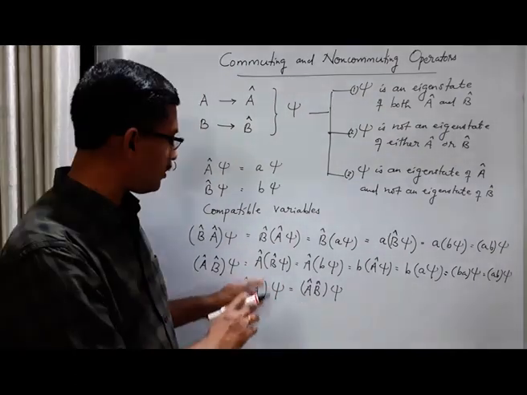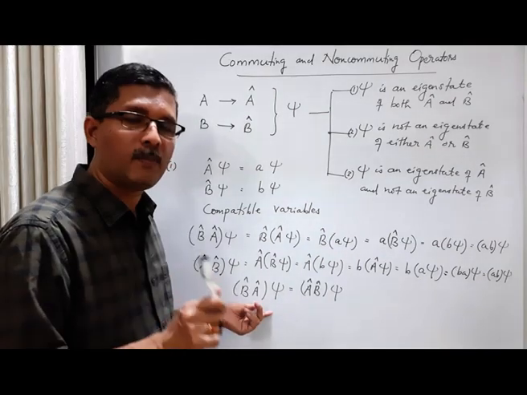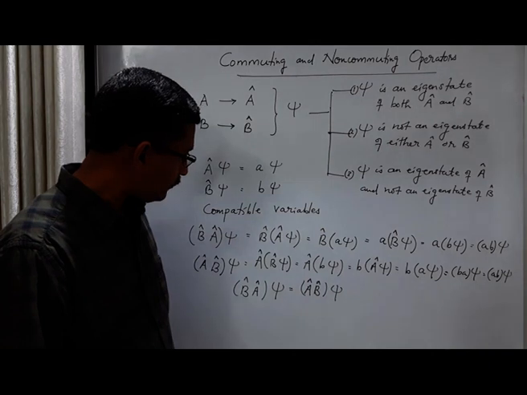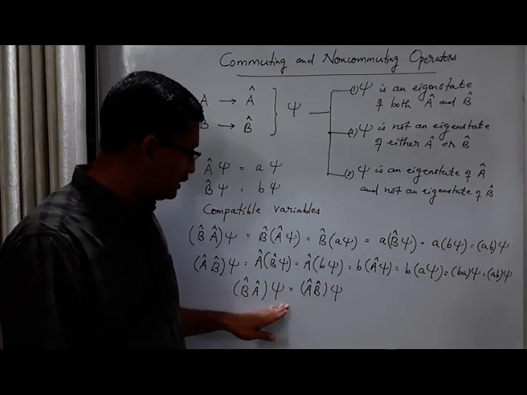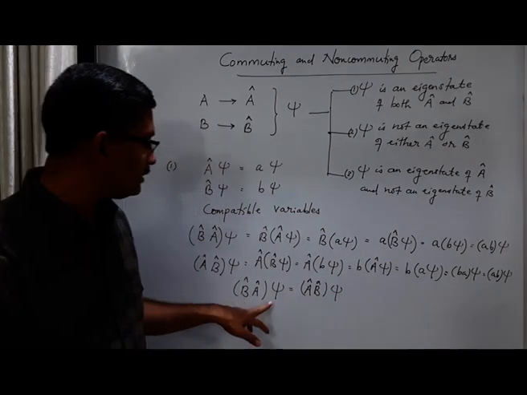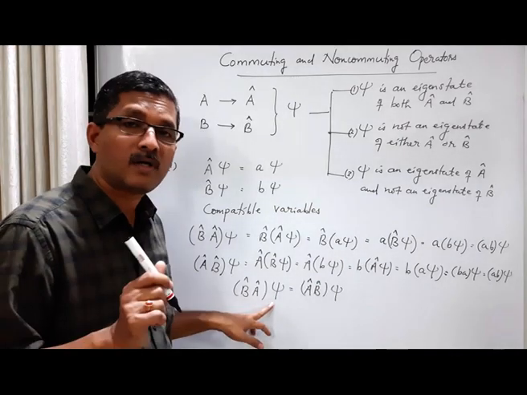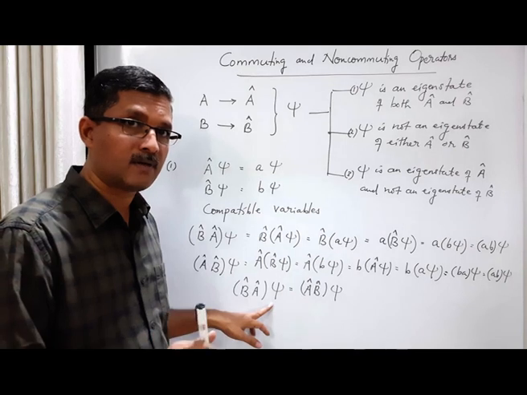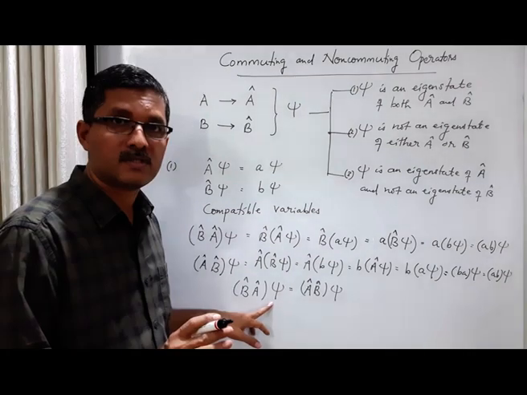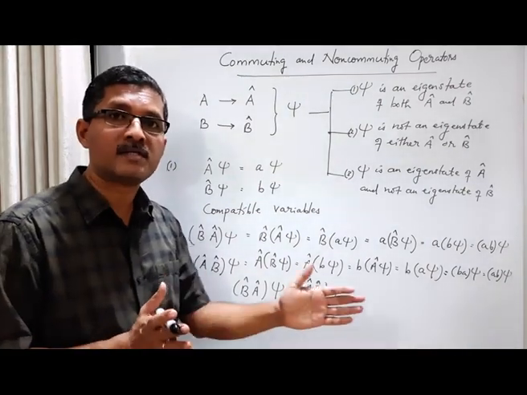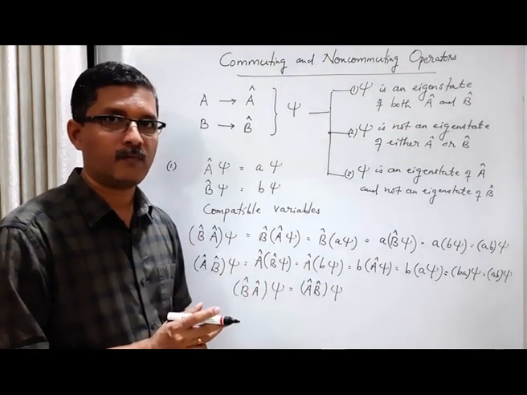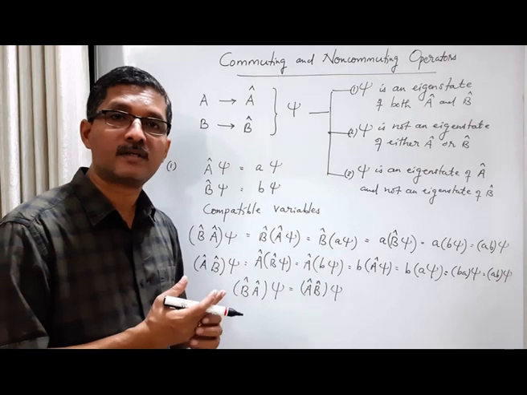But so far we have been talking about one particular eigenstate of A and B. Sometimes it is possible that this is true not only for one particular eigenstate of A and B, but for a complete set of eigenstates of A and B for the system. What do I mean by complete set of eigenstates?